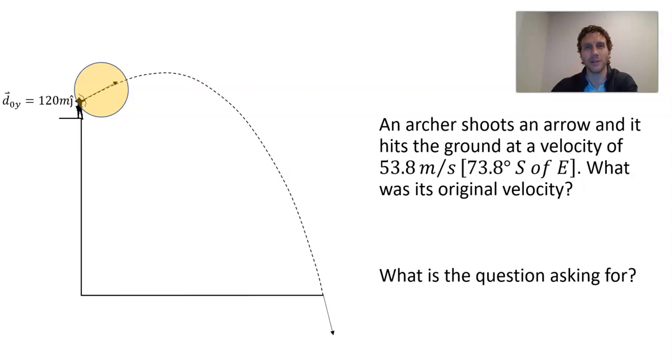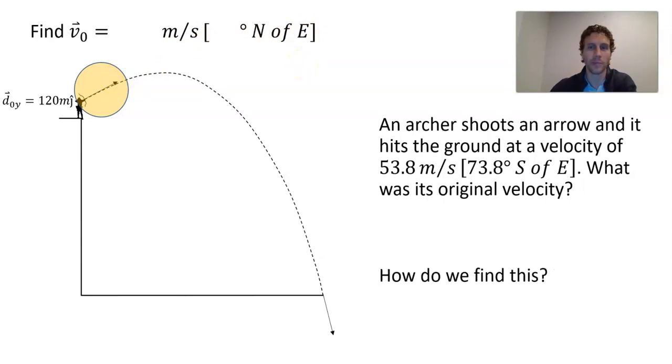You need a formula that's going to solve this for you. So this is V initial, in meters per second, and it is up at an angle, some degrees north of east. That's what we're looking for.